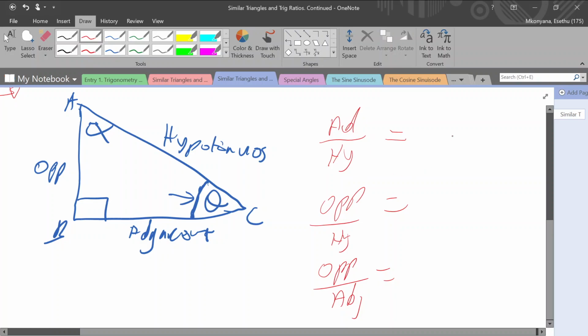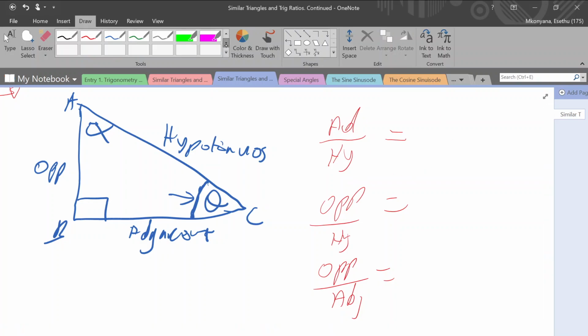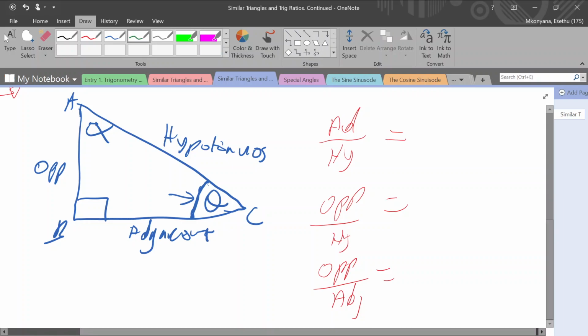Now we can call this, the adjacent over hypotenuse, a cosine. But it's a cosine of what? Of this angle, because remember we wrote all these sides relating them to that angle.